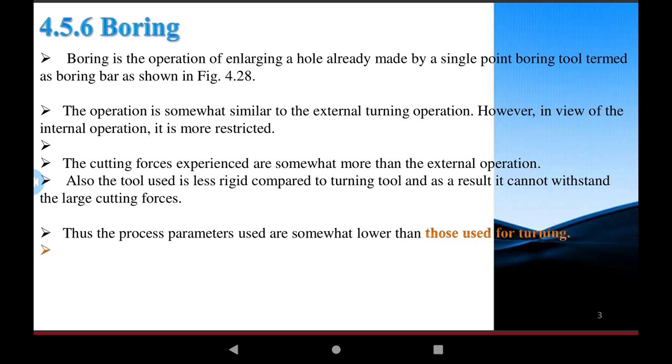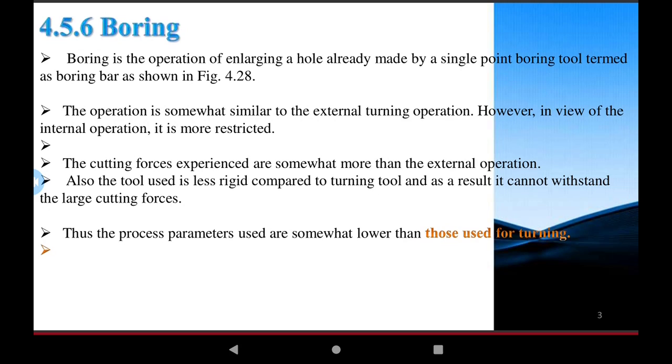The holes must already be made, and the enlarging is done using a single point turning tool.